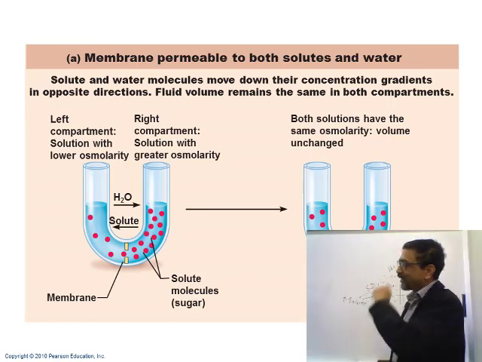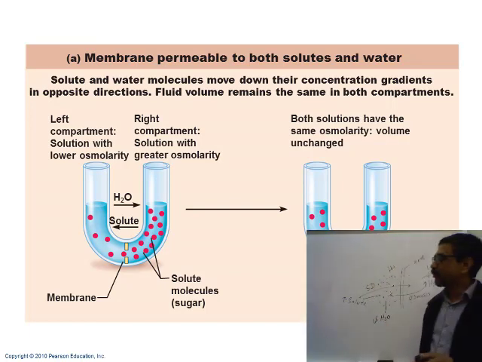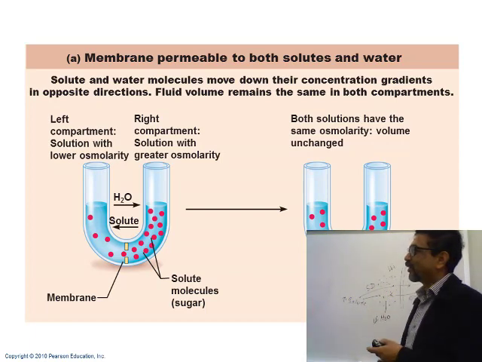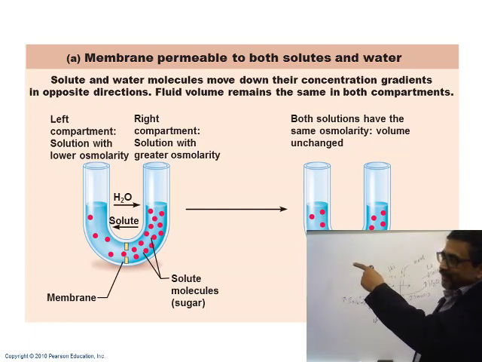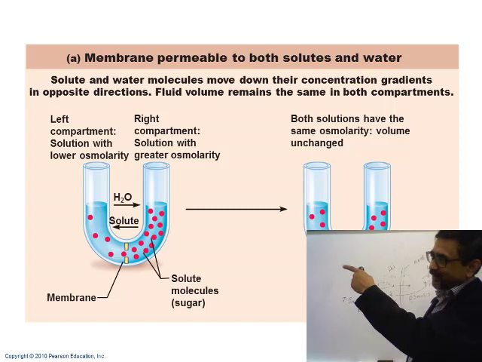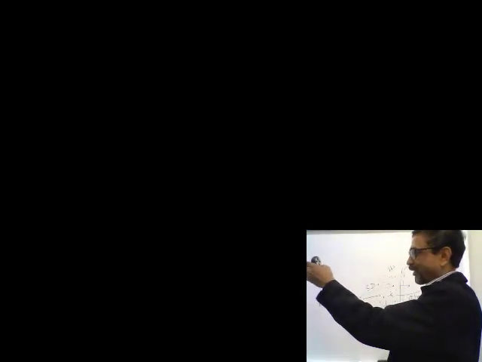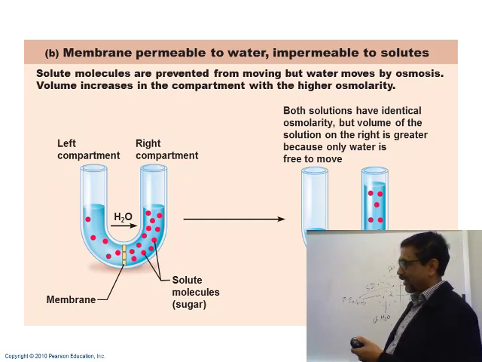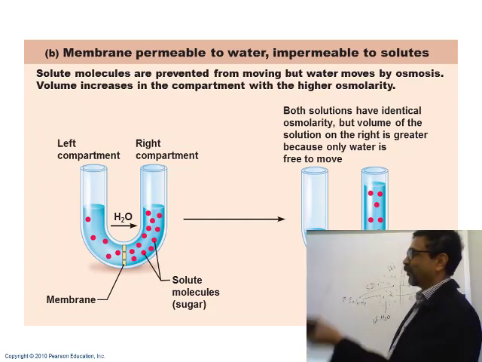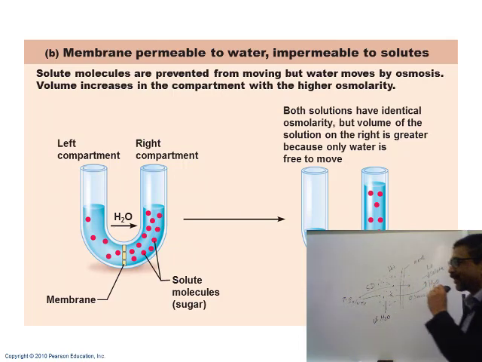Here, this experiment is only for osmosis. Why? Because you see the semi-permeable membrane here, this membrane has very tiny holes or channels, smaller than the solute. So solute movement has been blocked here. No solute movement can occur because the membrane has holes that are smaller than the size of the solutes. So in this case, only water will move. That means only osmosis will occur, right?